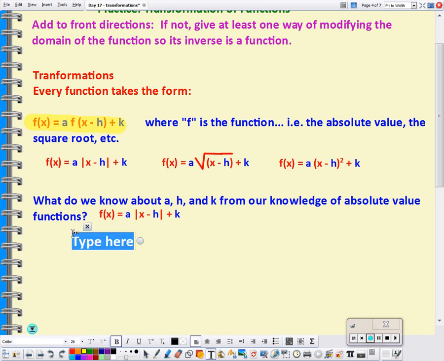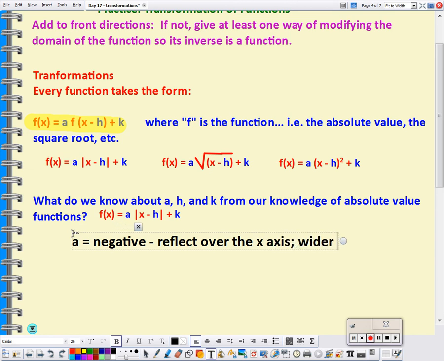Okay, so from absolute value functions, we remember that a, if a is negative, it can reflect over the x-axis. It can also make it wider or thinner, depending on the value. Like if it was 2, positive or negative, it would be thinner. And if it was something like 1/3 or 2/3, anything between 0 and 1, the graph becomes wider.